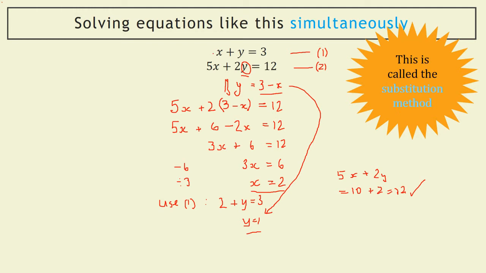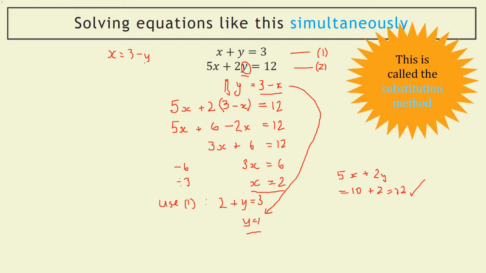Looking at my equation 1, do you think I could have chosen to do anything else as my first step? My first step was to say y equals. Do you think I might have been able to choose to do something differently? Could I have said what x equals? I could, couldn't I? Couldn't I have said that x was 3 minus y, the same way that I said y is 3 minus x?